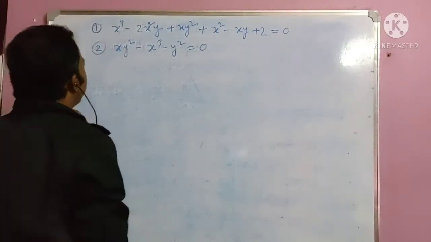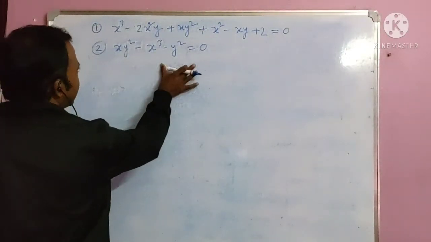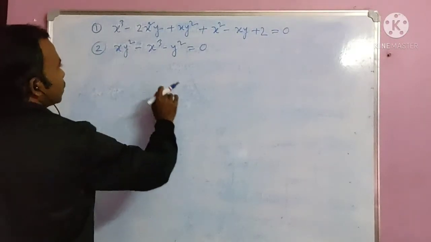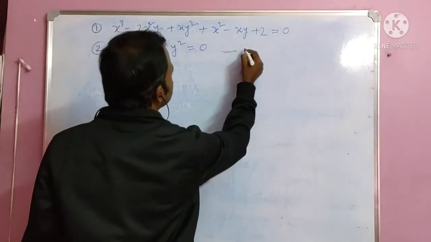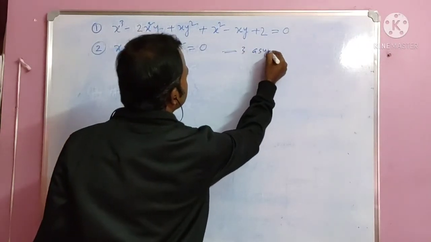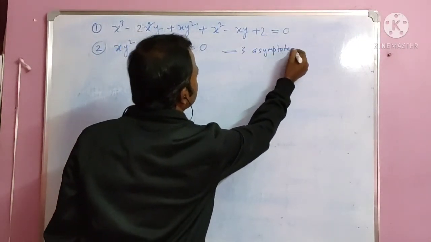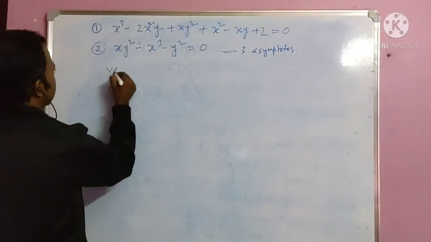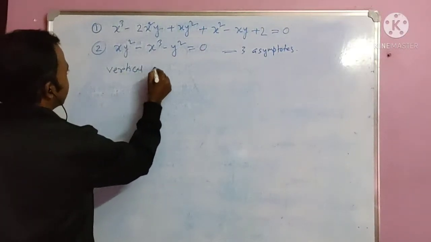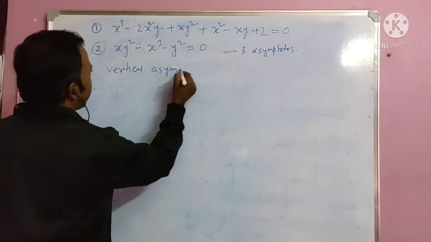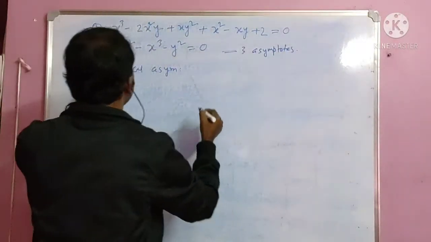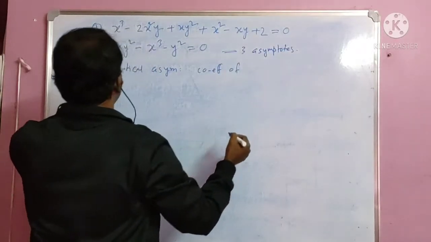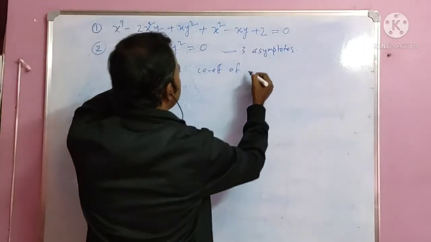So first, how many asymptotes can we get from this curve? The answer is, the degree is 3, so it has 3 asymptotes. Okay, so look for the vertical one first. Vertical asymptotes. For that, coefficient of y square, what is the highest coefficient of y?